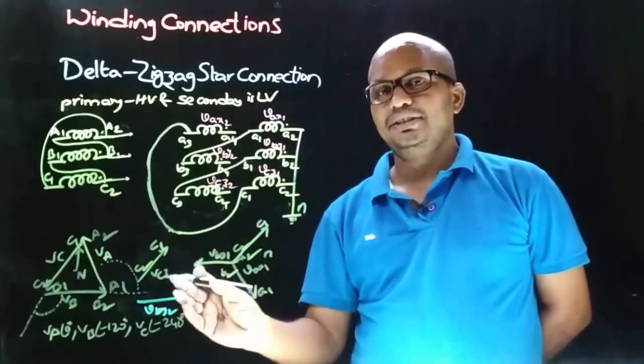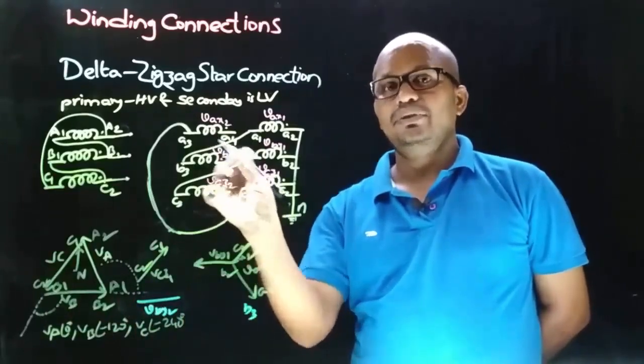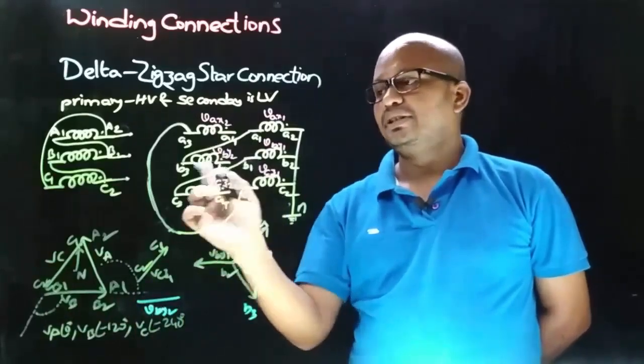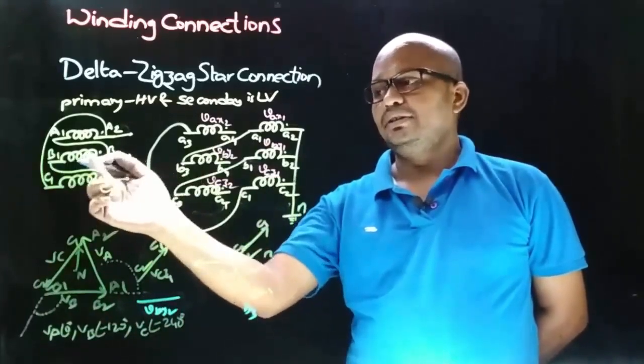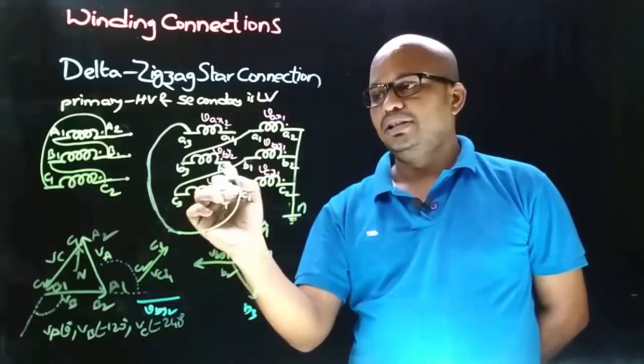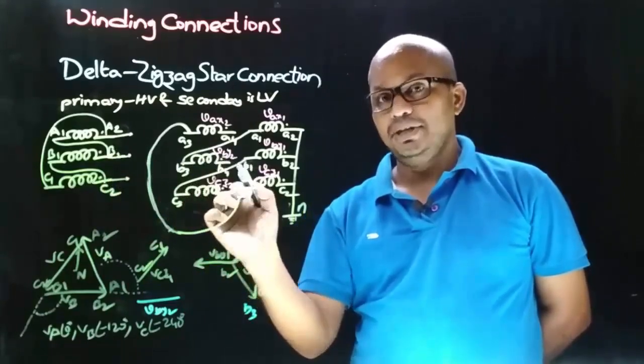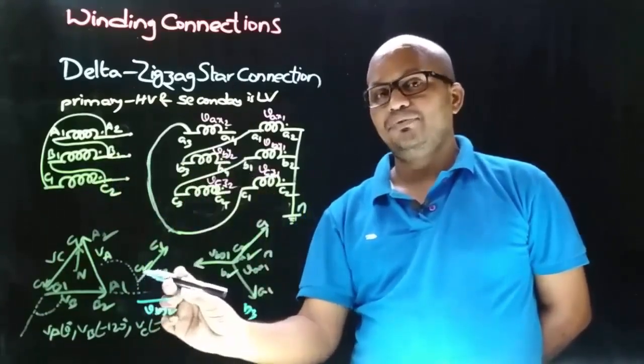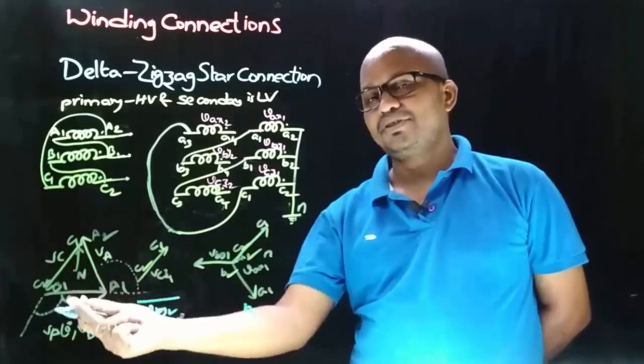And now we need to decide its direction. On the primary side the connection is taken from dotted, and on the secondary side the connection is taken from dotted, means the direction of the VB Y2 phasor is the same as that of the primary side VB phasor.